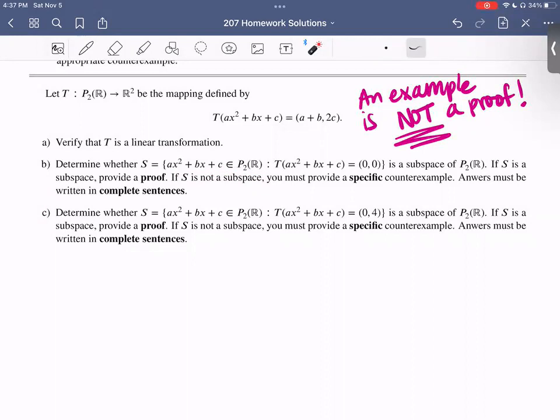If you wanted to do that, you'd have to go through every single element in that set, which would take you your entire lifetime and then some, because there are infinitely many elements in this set. So say it out loud to yourself while you're watching this video. An example is not a proof. Okay, we're all on board.